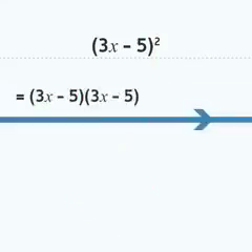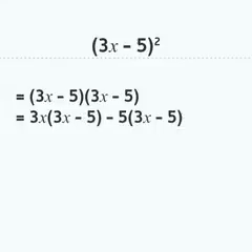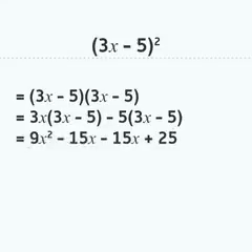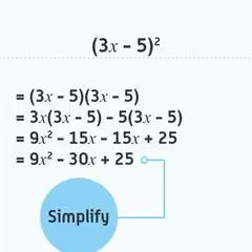Then carry on as before. 3x times (3x - 5) minus 5 times (3x - 5) equals 9x² - 15x - 15x + 25. Notice minus 5 times minus 5 gives the plus 25. Now simplify to get 9x² - 30x + 25.